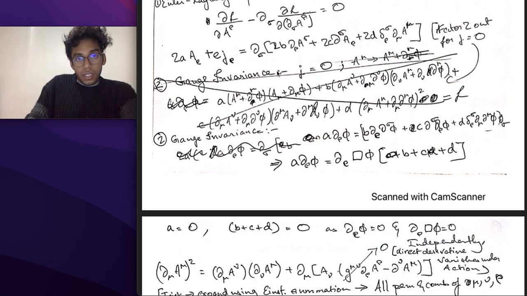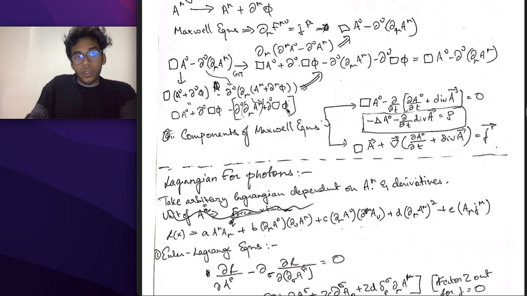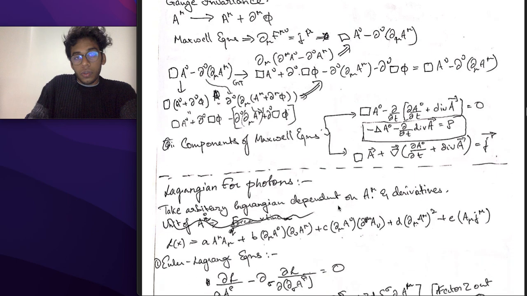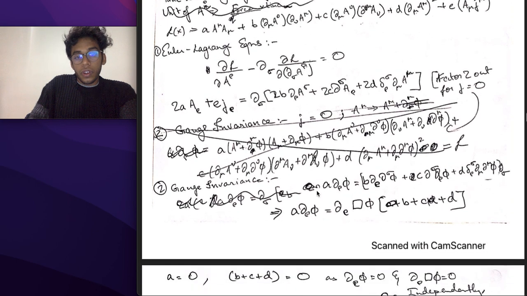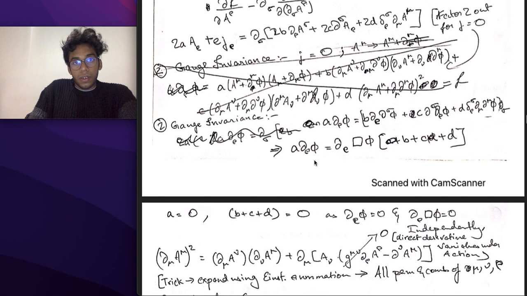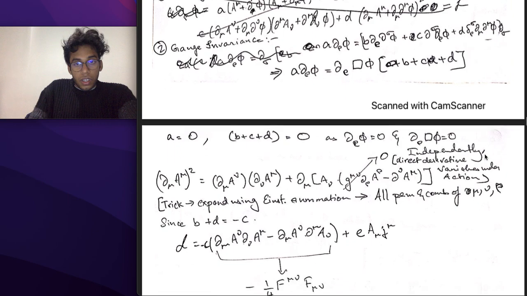Now once we have this reduced equation, we can see that when we do a gauge transformation, you transform a mu to a mu plus dou mu phi, you find that a is equal to 0, and b plus c plus d is equal to 0, right?